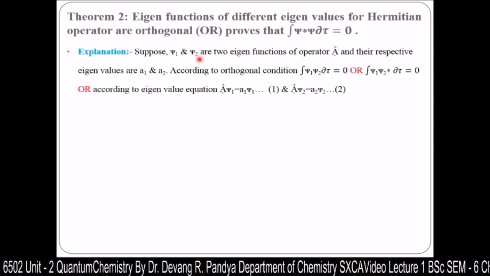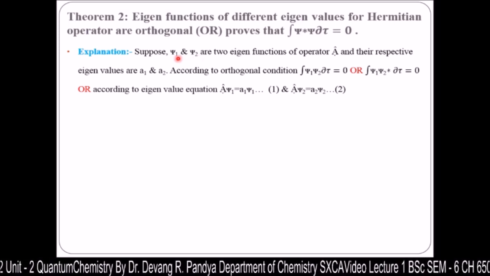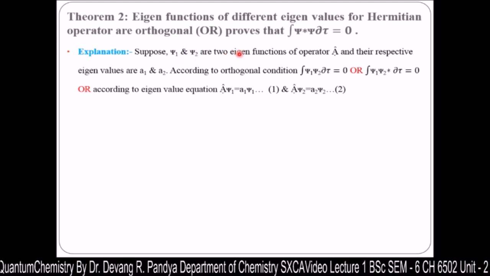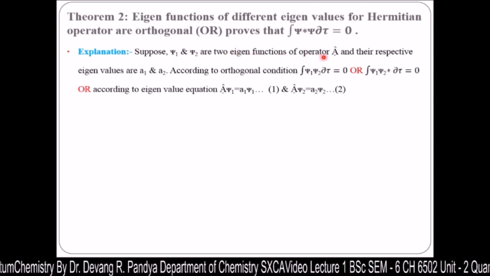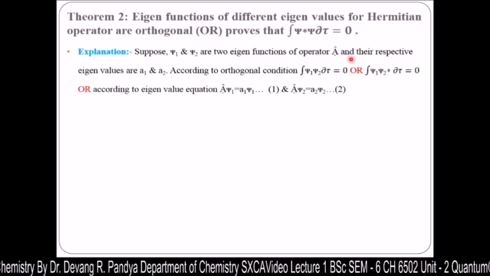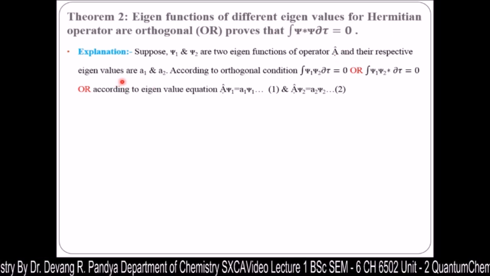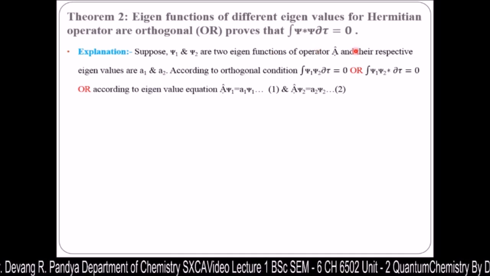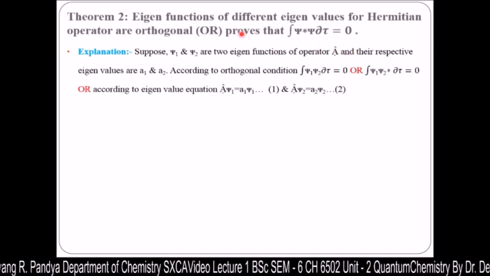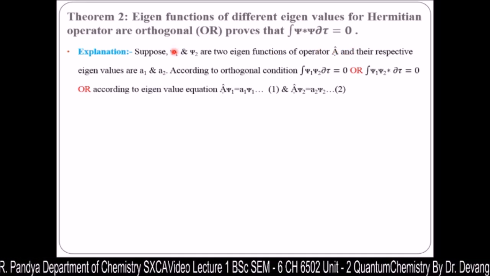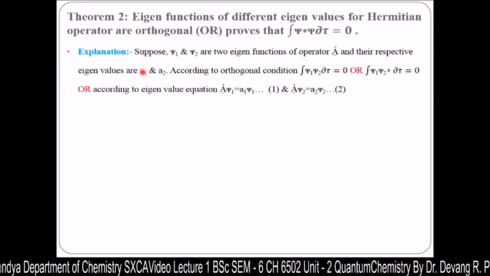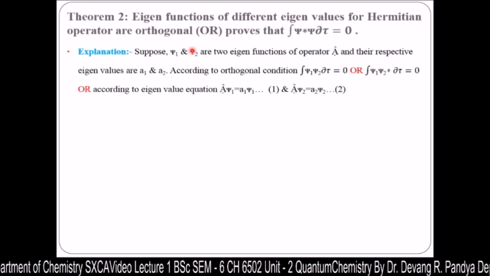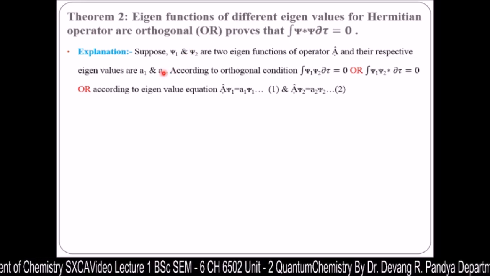So here, let's start by assuming two different functions, ψ1 and ψ2. They are eigenfunctions of operator A, and their respective eigenvalues are A1 and A2. That means when operator A operates on function ψ1, it gives A1ψ1, and when operator A operates on ψ2, it gives A2ψ2.